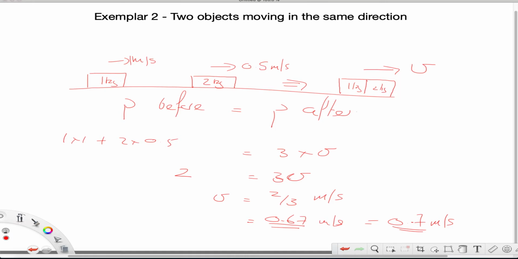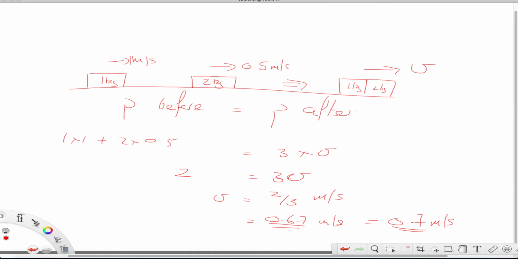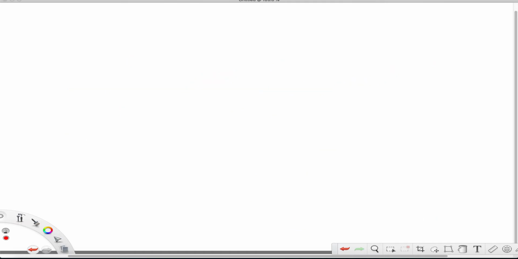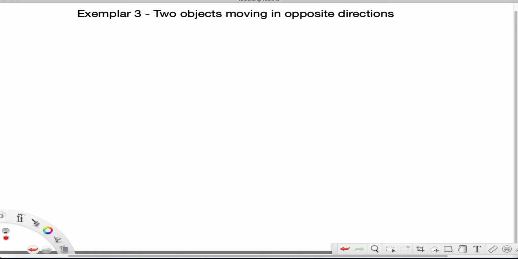So let's look at a further example then. Let's look at exemplar 3. We have two objects moving in opposite directions. So we have our surface. This is where the vector nature is really important in our calculations.